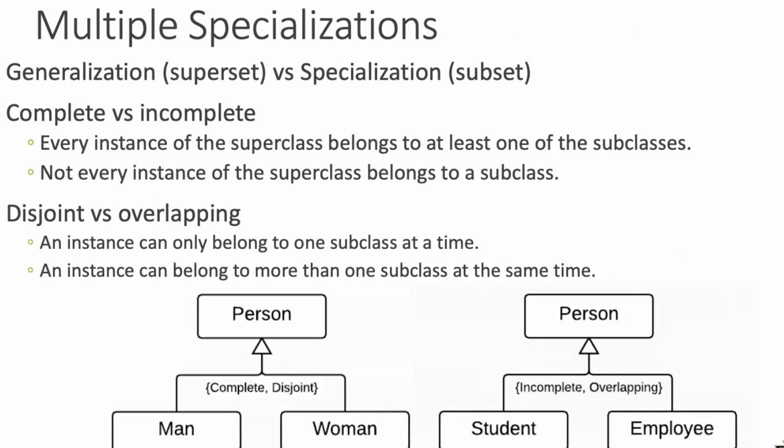There is a possibility that some person at the same time is a student and also an employee. But biologically the person is a man or a woman, so there is no overlap between these two groups. In that case, we can say there is a disjoint relationship between the two. And what's the difference between complete and incomplete in this type of relationship?